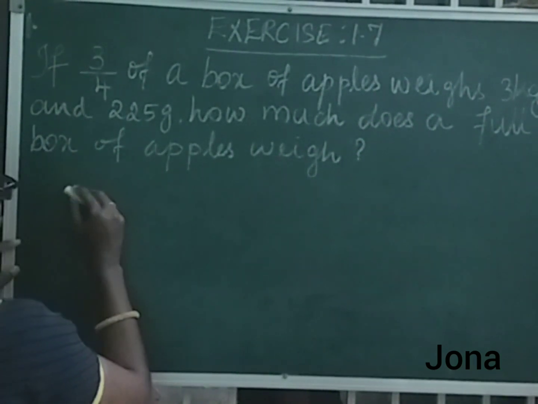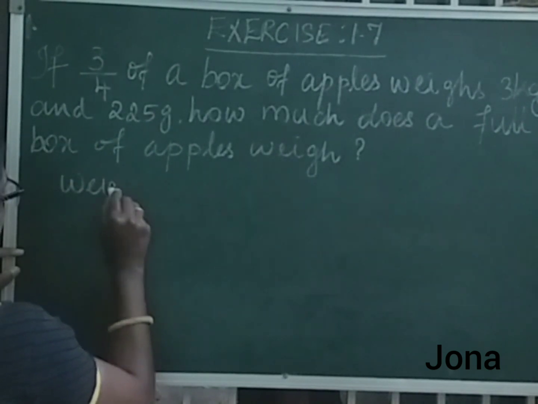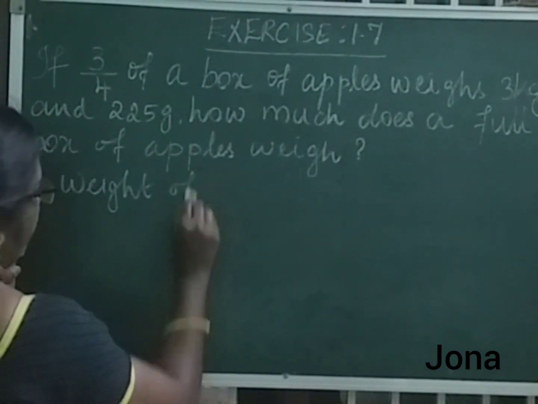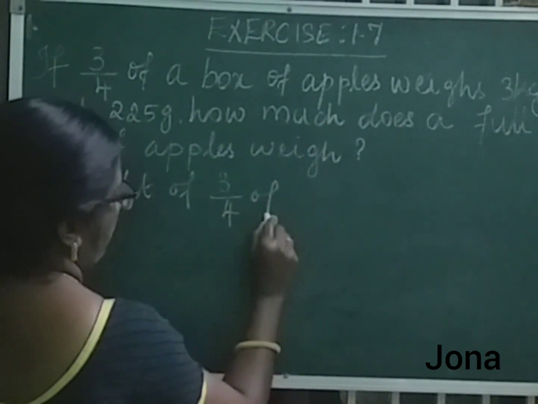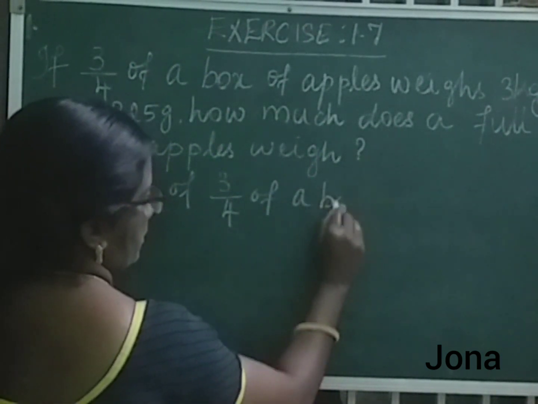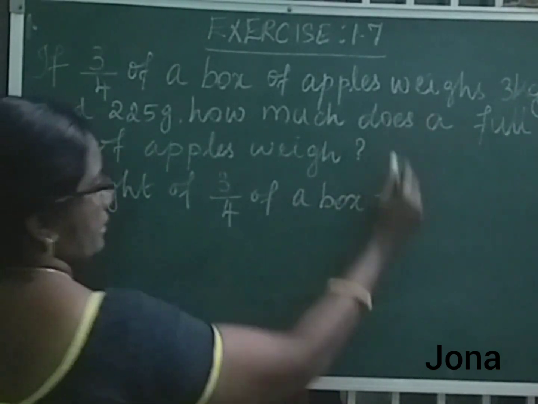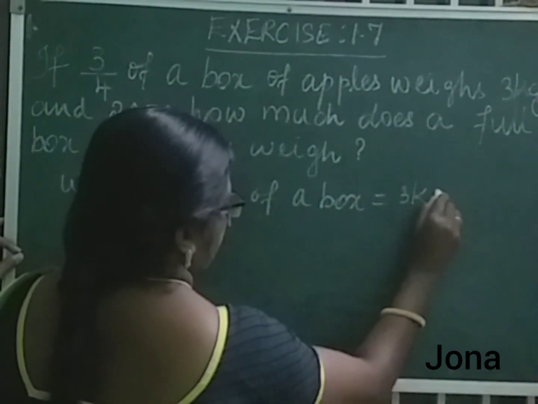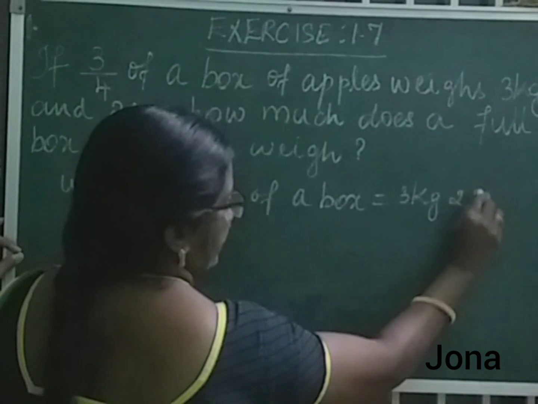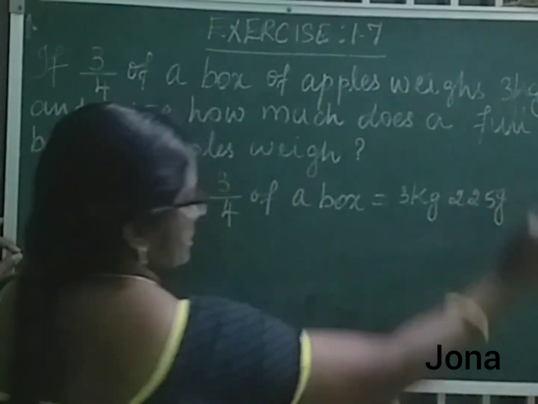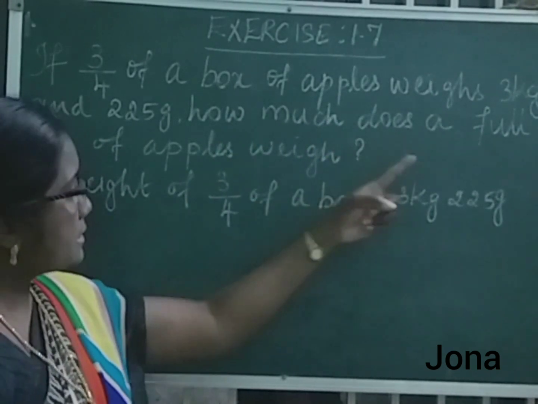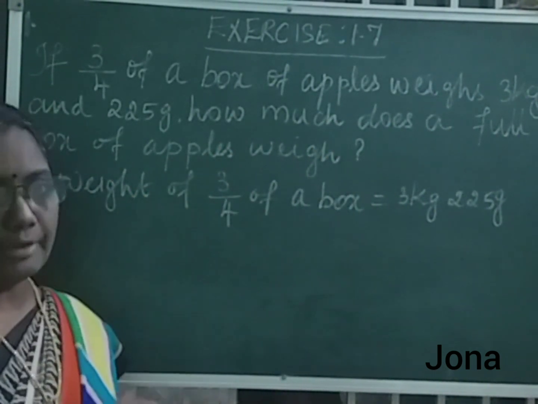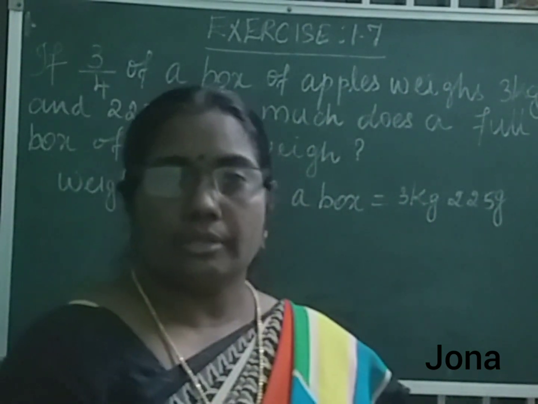So we can take this as: weight of 3/4 of a box is equal to 3 kg and 225 grams. We want to find the weight of the full box, which we don't know.